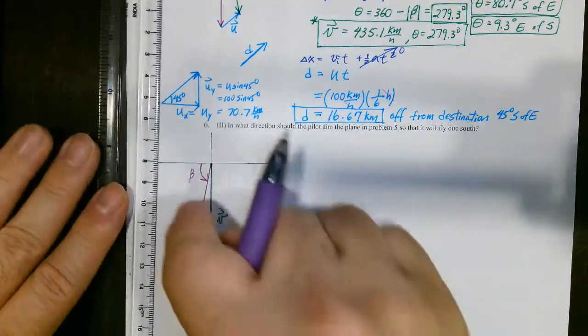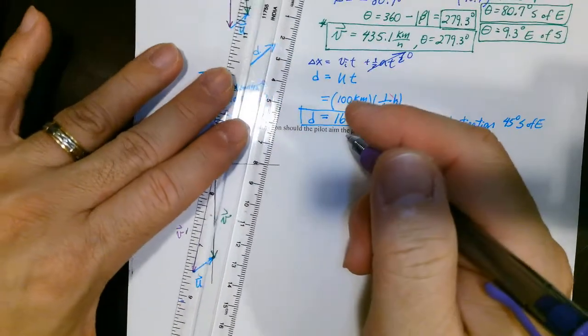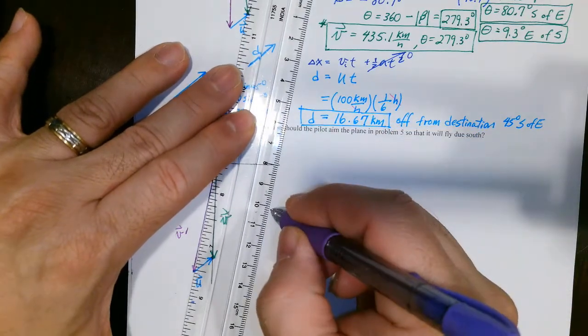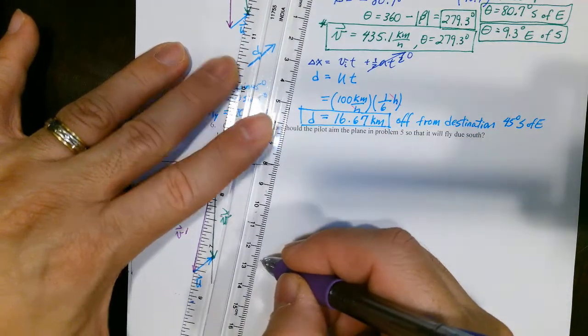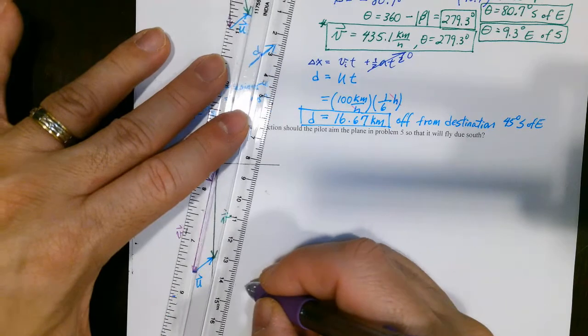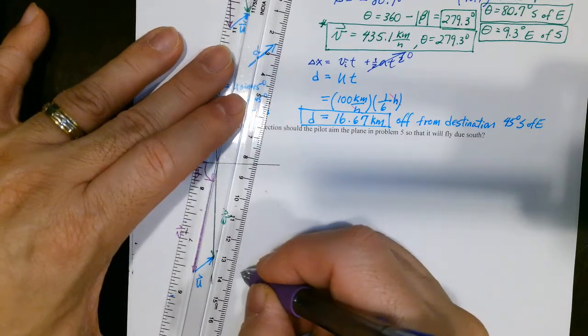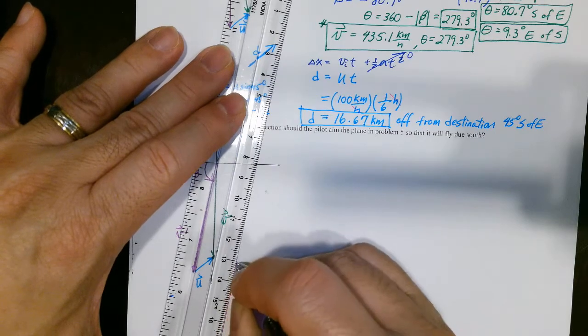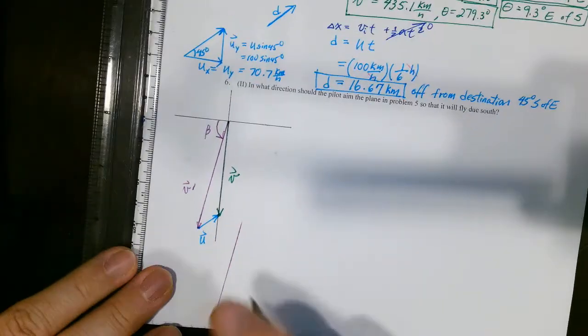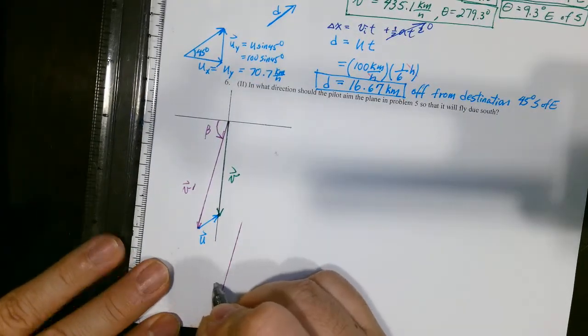So if we were to find components of that beta, I'm going to redraw it somewhere off to the side so we can see it better. Let's say here's my V prime.